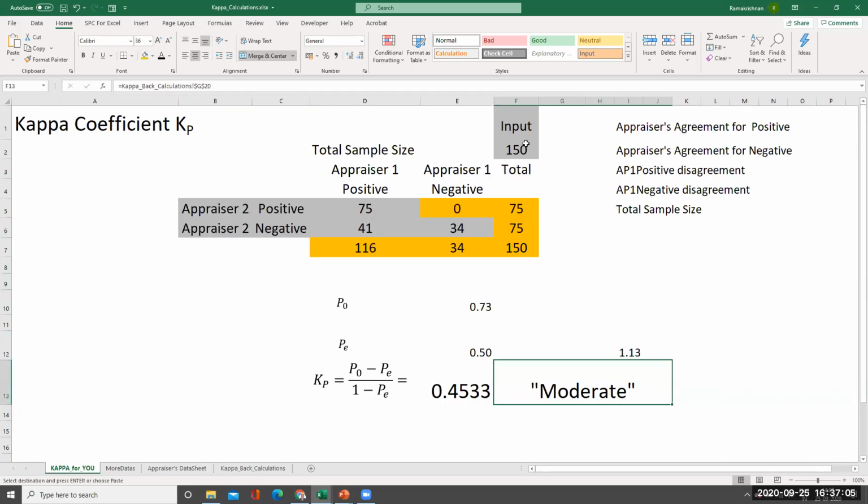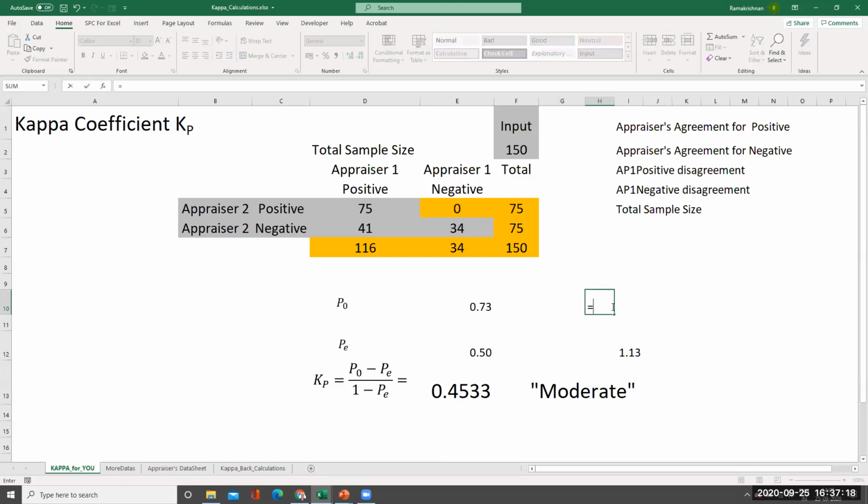150 people or samples are tested. 75 are agreeing for positive, and 34 are agreeing for negative. Totally 75 plus 34 by 150 is 0.73. Can we check here? Is equal to, in brackets, 75 plus 34, divided by 150.